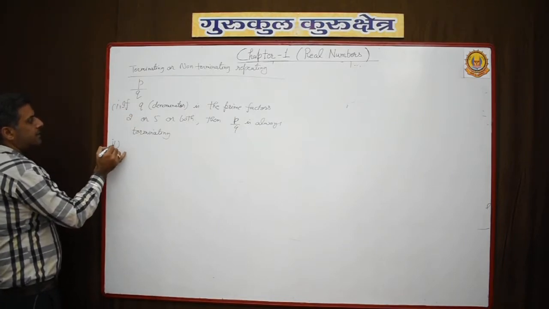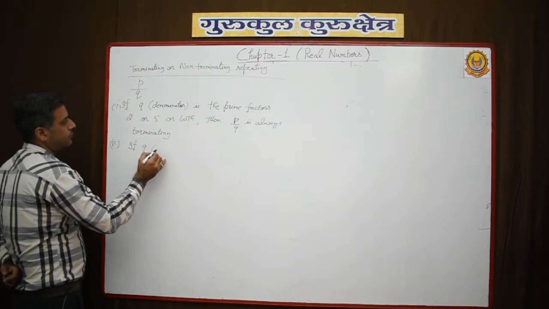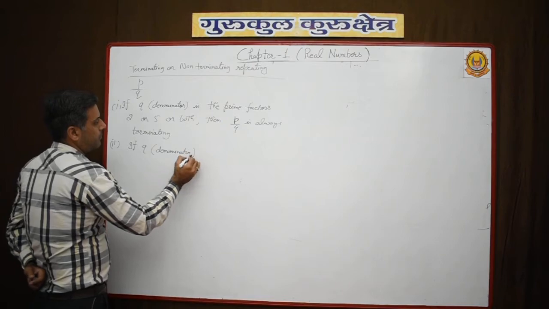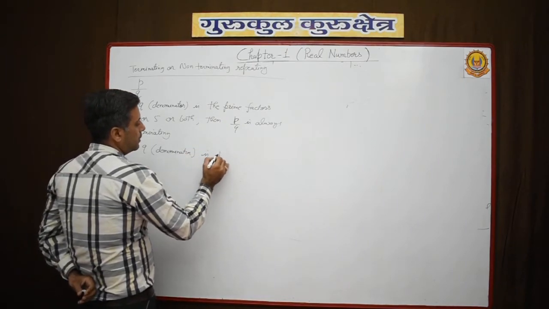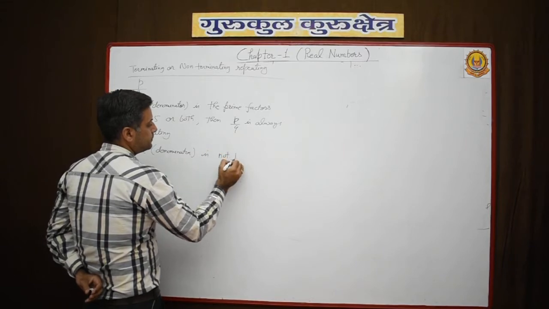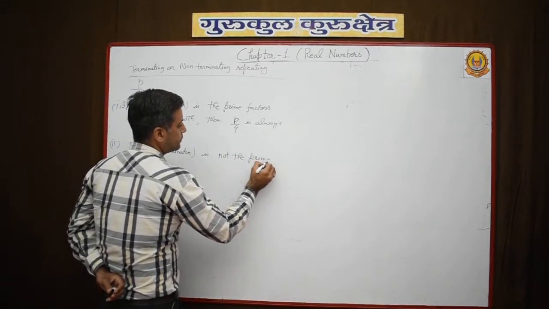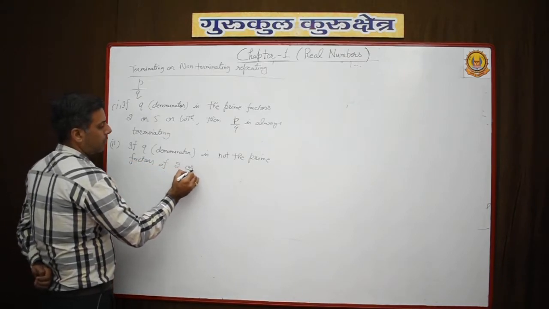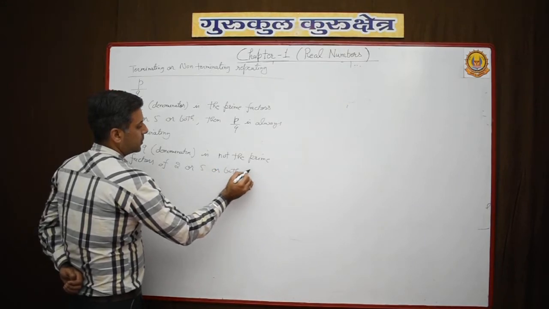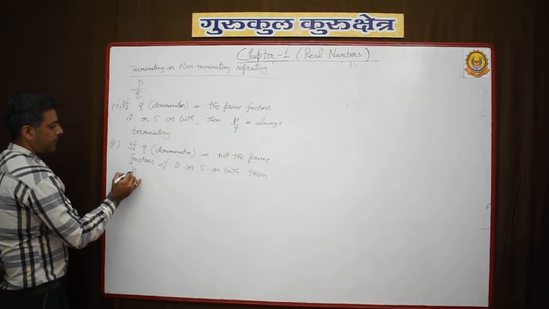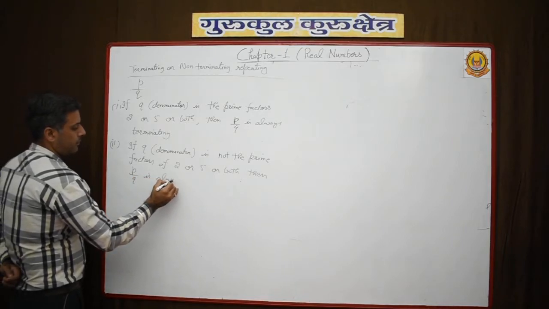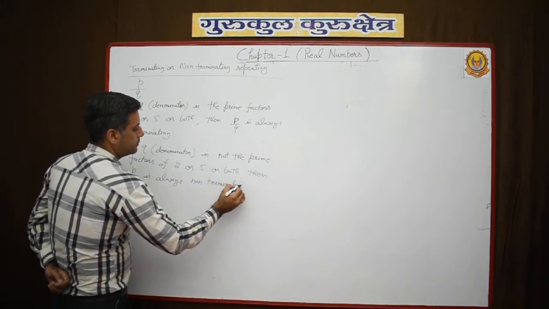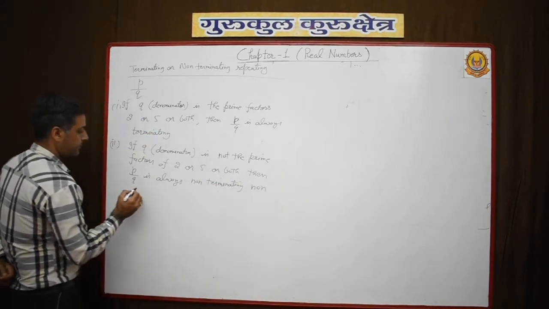And second, if q is not made of the prime factors 2 or 5 or both, then p by q is always non-terminating, non-repeating.